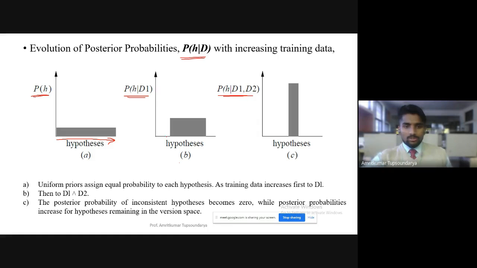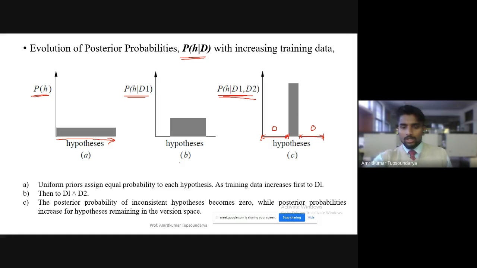Then in the third diagram, we can see the posterior probability. The posterior probability of the inconsistent hypotheses, from here to here, or maybe here to here, these hypotheses are inconsistent hypotheses, and as you can see, in the posterior probability for these inconsistent hypotheses is zero.